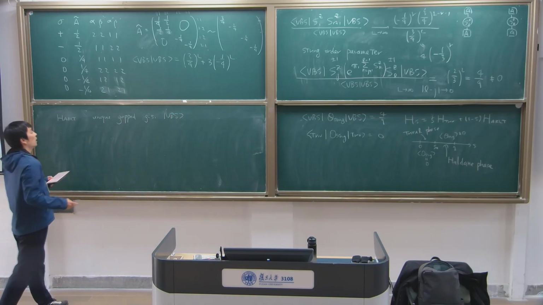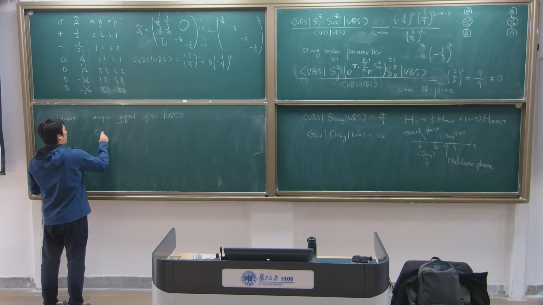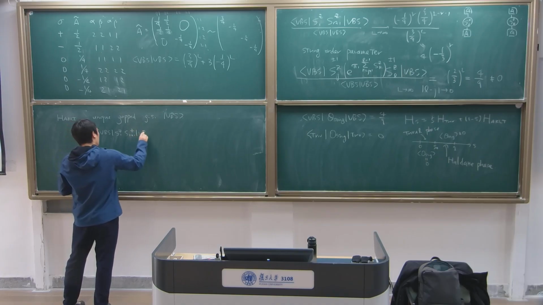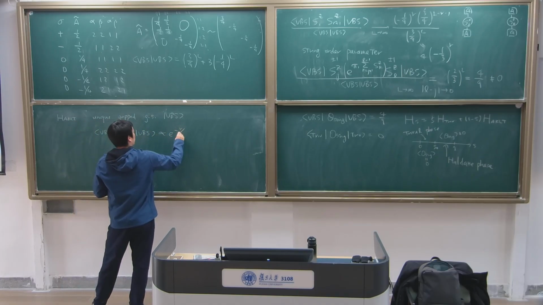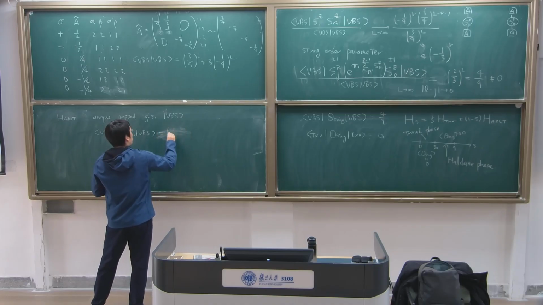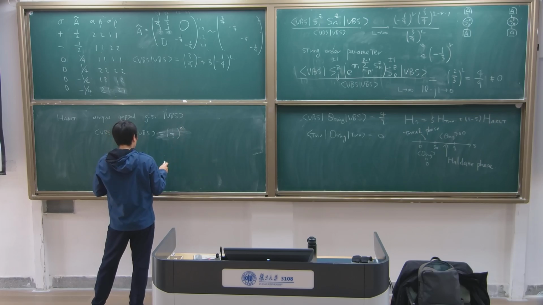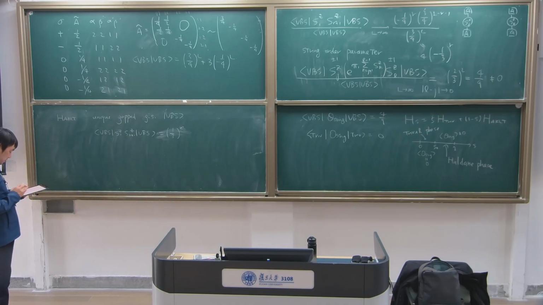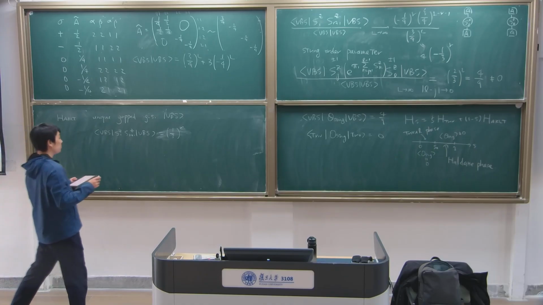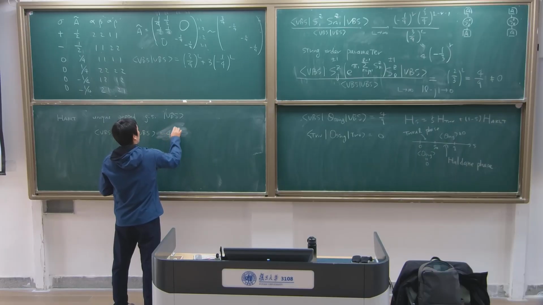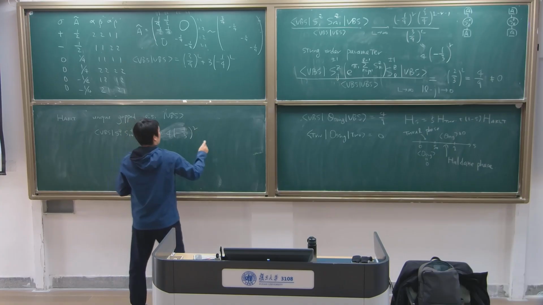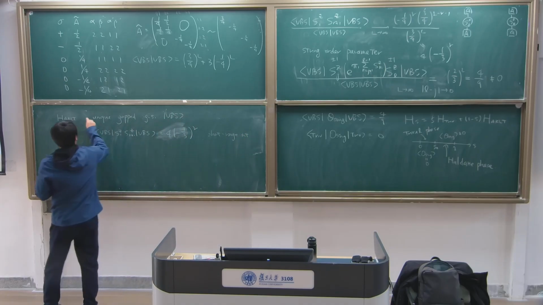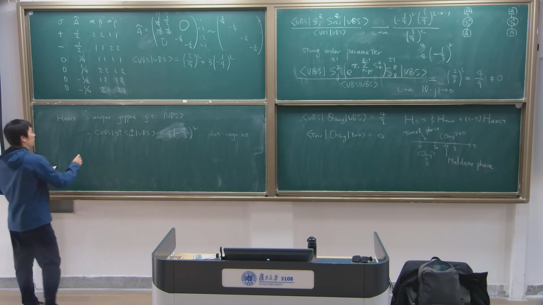Gapped means the correlation function decays exponentially. Actually, the decay is something like 1/3 per site, I don't remember exactly. But it decays exponentially. And then the string order.